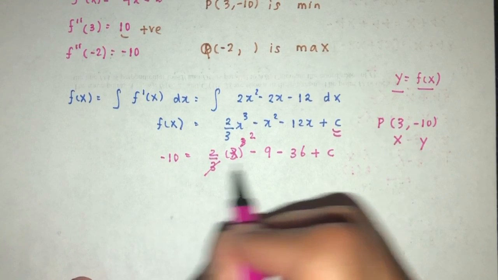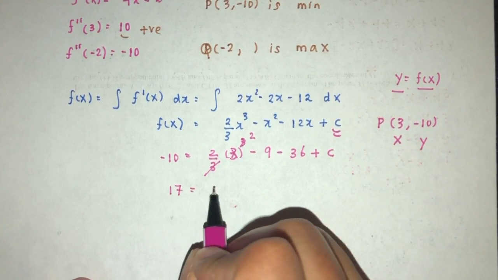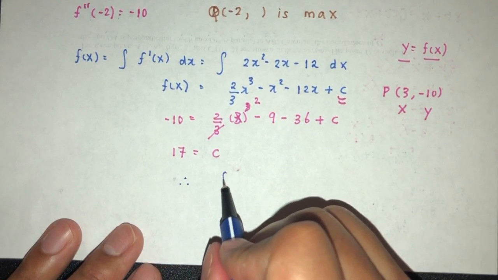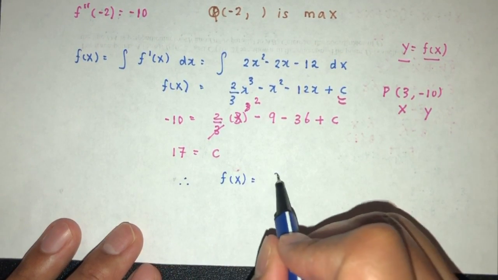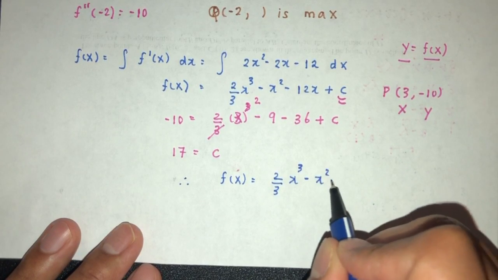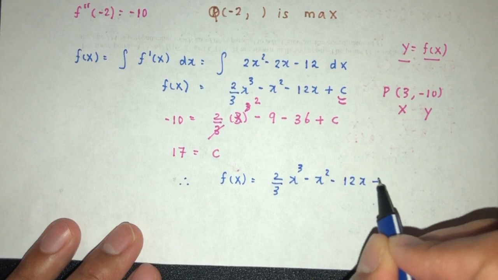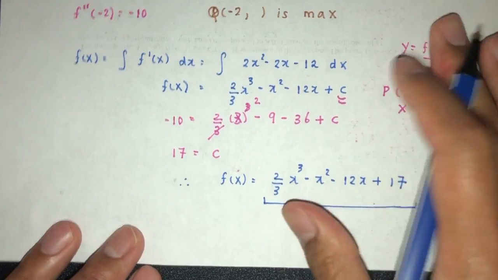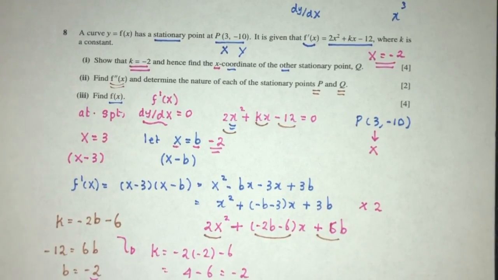That should be minus 10 plus 27, which is 17, equal to c. So finally, f of x is going to be 2 over 3 x to the power 3 minus x to the power 2 minus 12x plus 17. And that will be f of x for part 3 of your question.